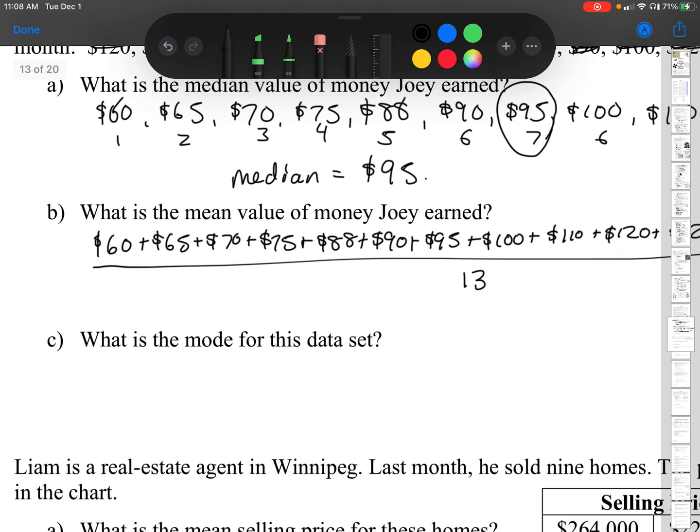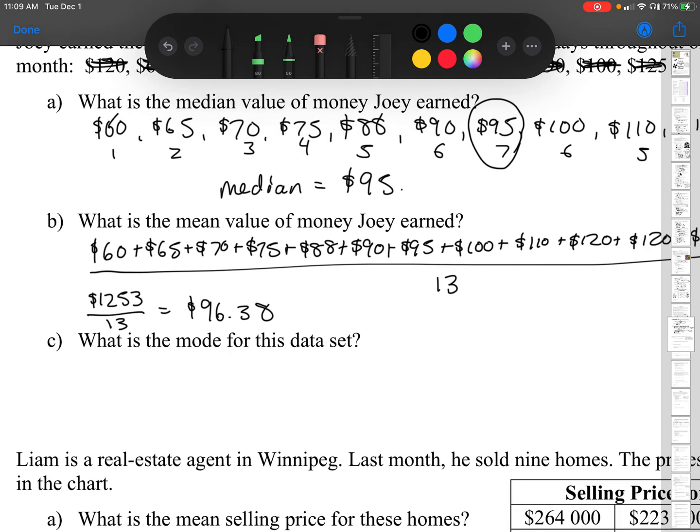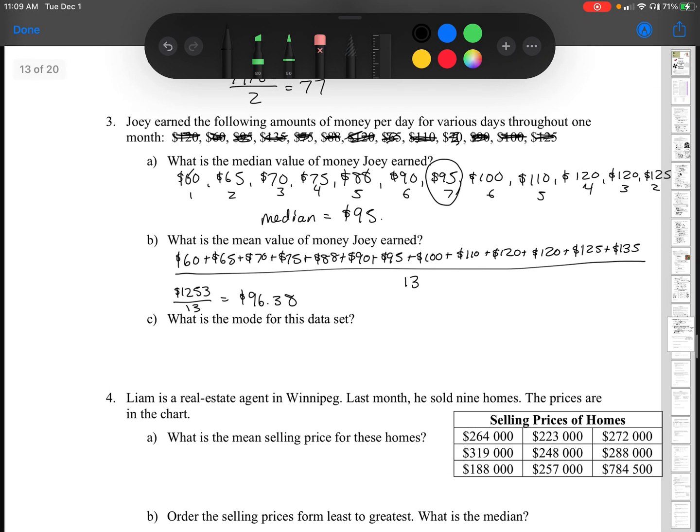Which gives us 1,253 over 13, which is 96.38 as an average, or the mean value, sorry, of money that Joey earned.